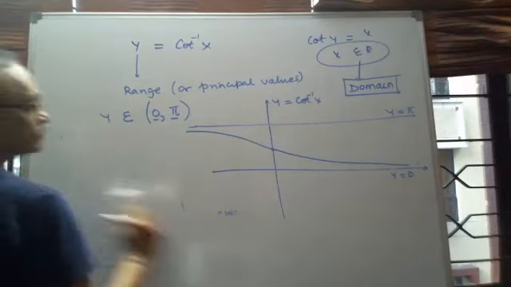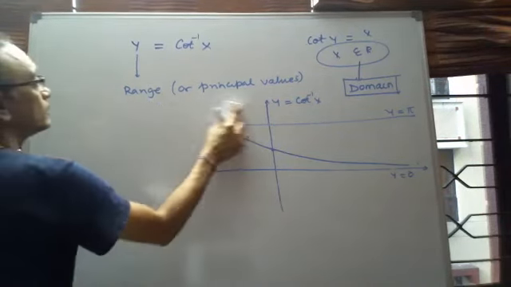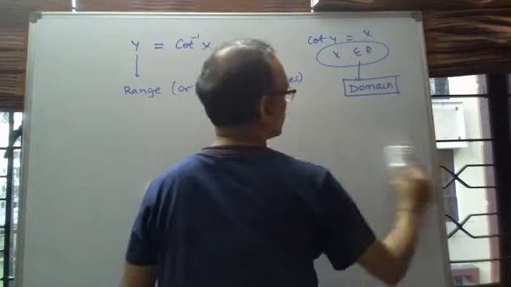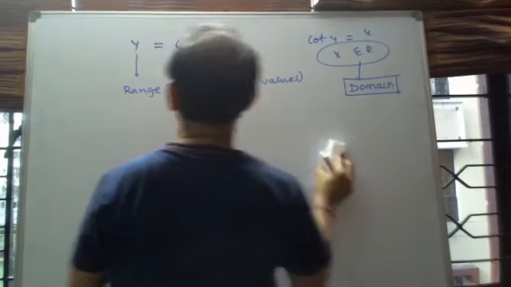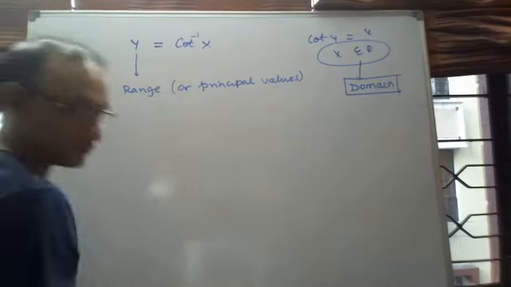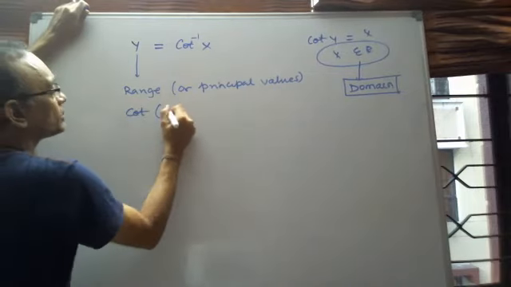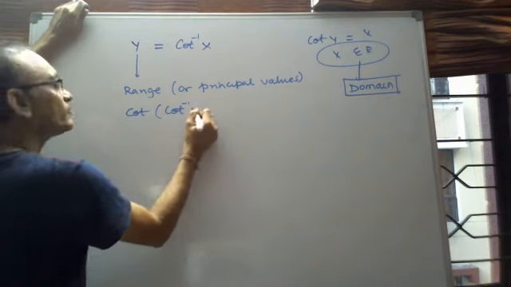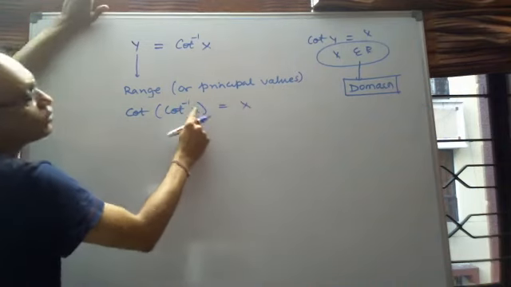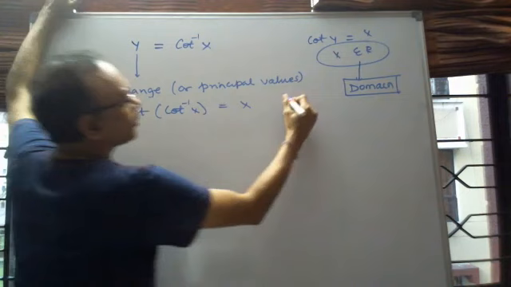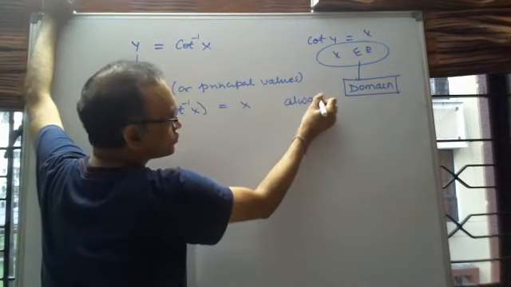Now, like before, cot of cot inverse x will always be x for all real x. It is defined for every real x, not an issue.